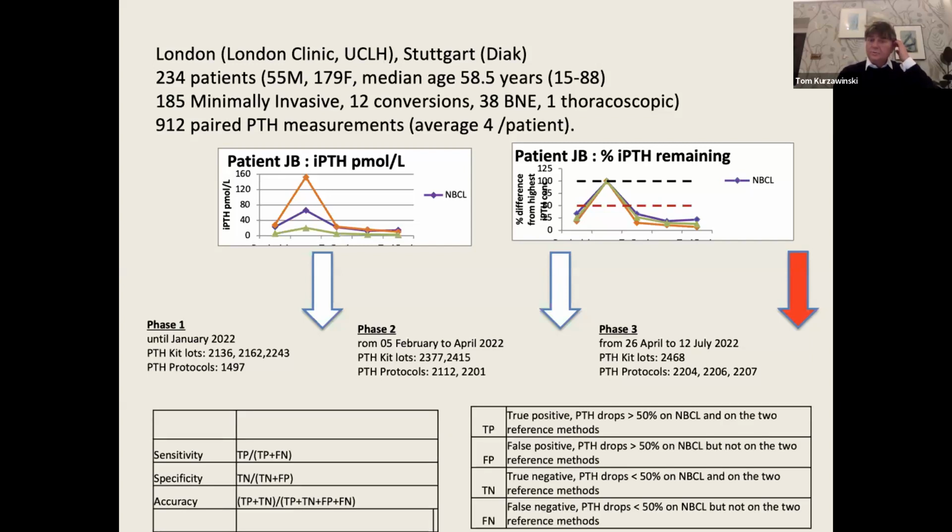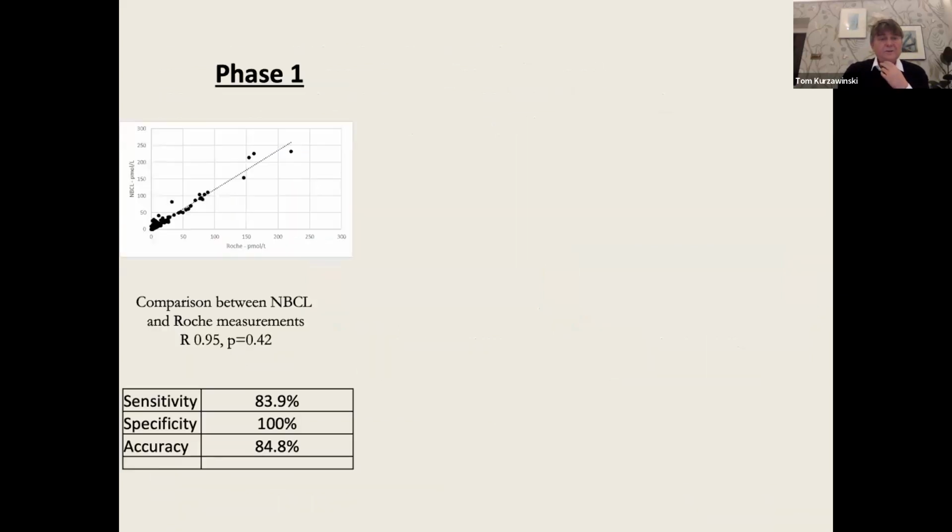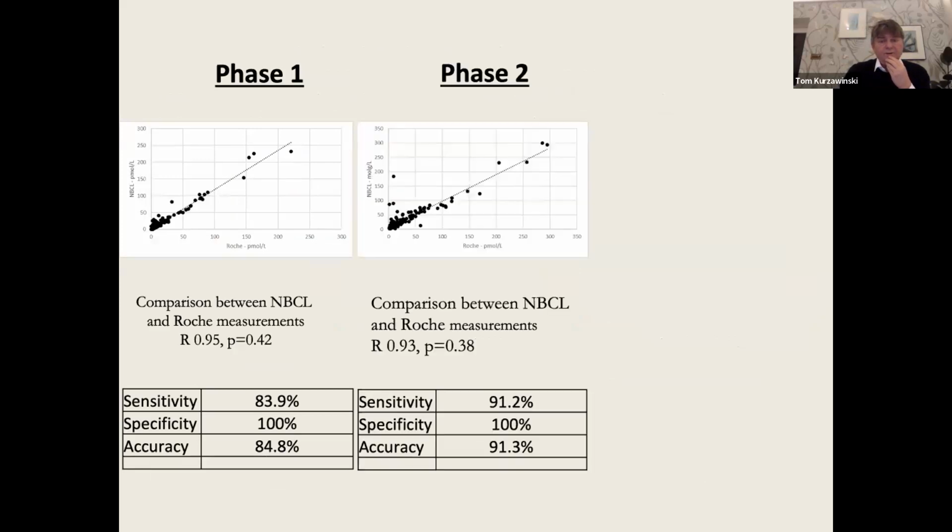And essentially what we looked at is the accuracy, sensitivity, and specificity of the method. So in phase 1, the sensitivity was not very good, and at the time there were further adjustments, mainly to the calibration curve. In the second phase, the sensitivity went up, but we had a few false negatives.